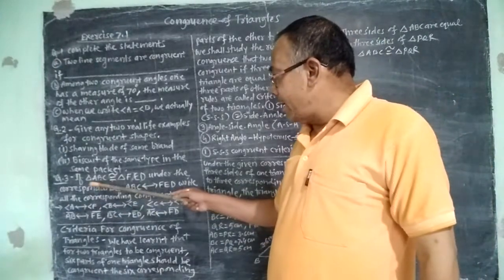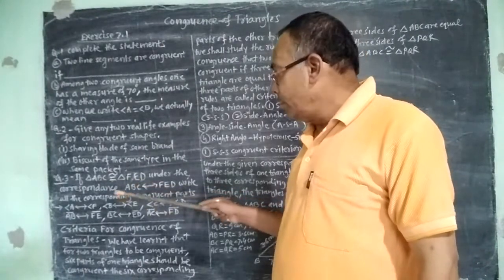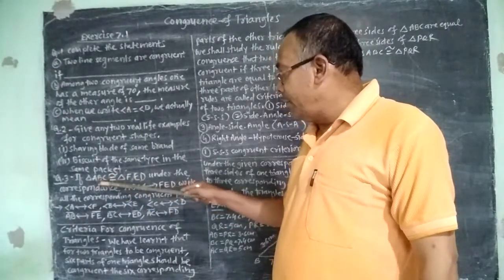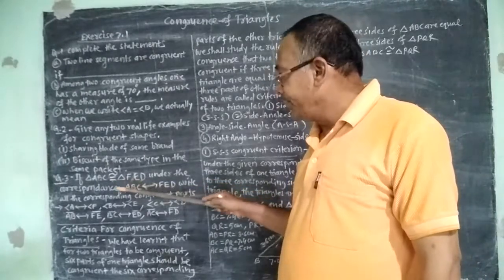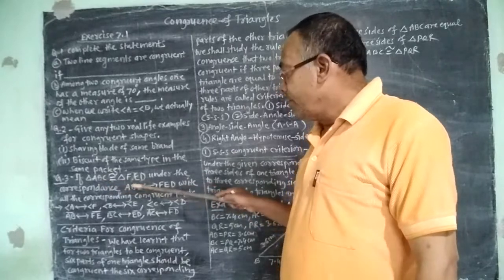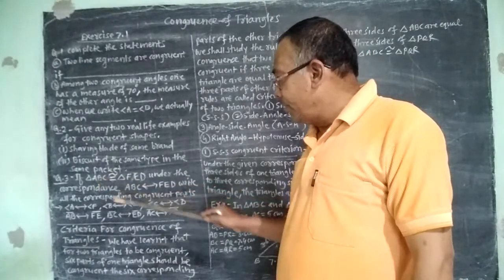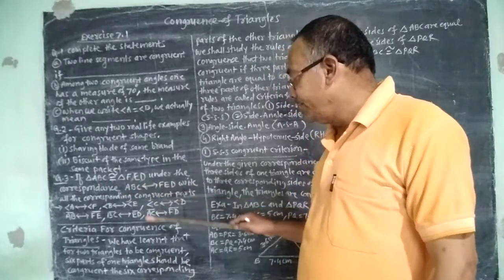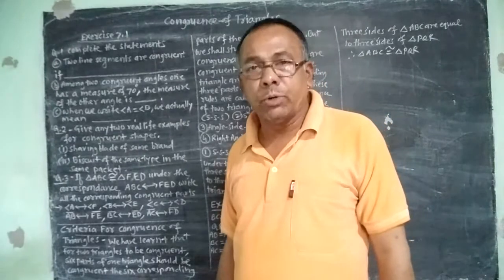Here AB equal to FE, BC one-to-one correspond ED, AC one-to-one correspond FD. So these were the corresponding parts of the two congruent triangles.